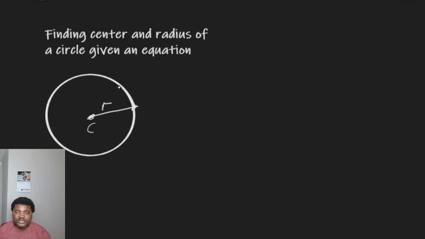So this is a point, and we know that the radius to any part of the circumference of the circle will be the same, and all these points are joined to give us the circle. But what we are looking for is, if you have an equation and you are asked to find this center and this radius, how do you do it? There's a simple way of doing this by comparing with the equation of a circle.